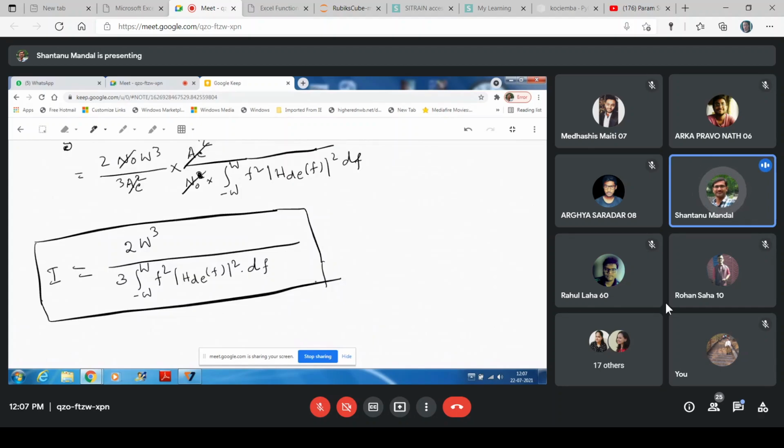In case of FM, some of the important parts are there. One is the CNR, there is a threshold effect. Threshold effect means the value of the CNR below which the output is distorted. Okay, so this is known as the threshold effect.